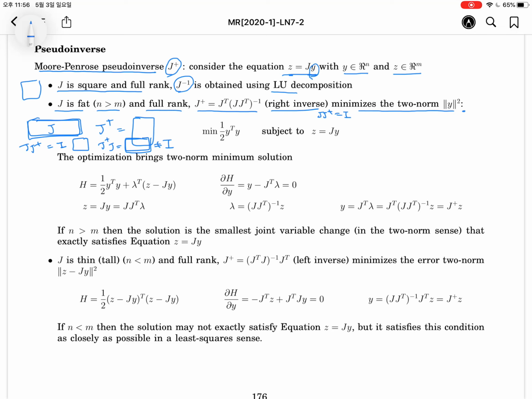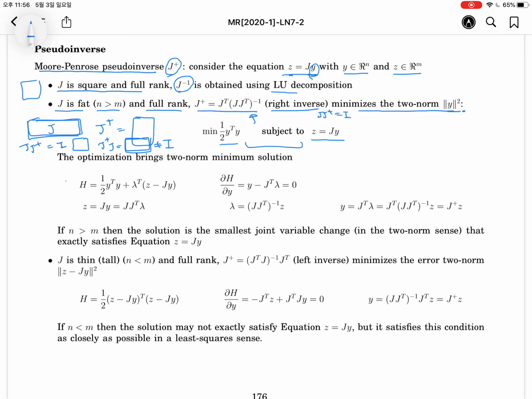Let's assume that the 2-norm of y will be minimized, subject to the equality constraint z equals Jy. Okay, it is called constrained optimization. The solution will be the right star inverse.